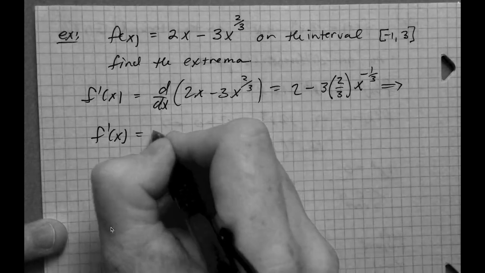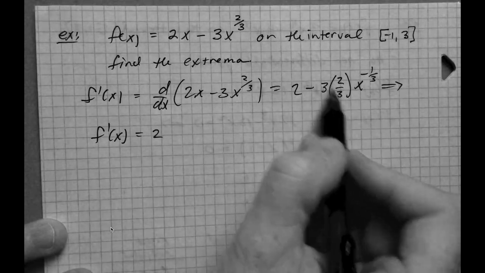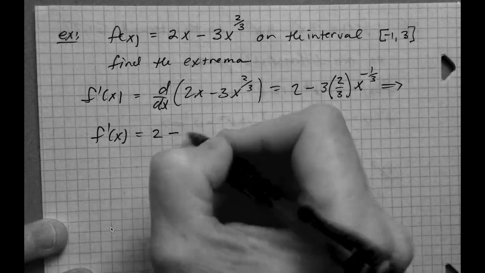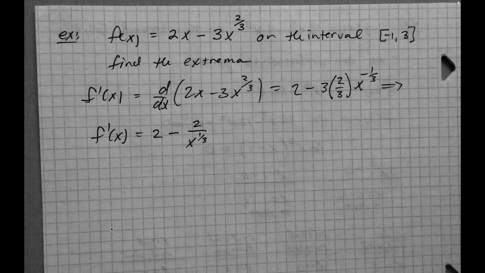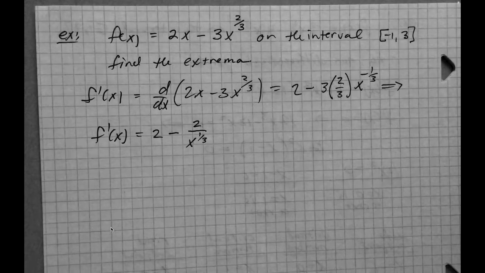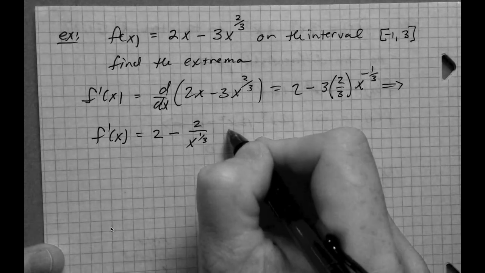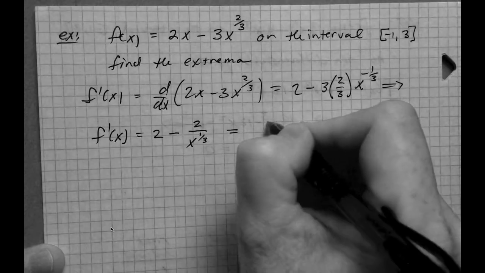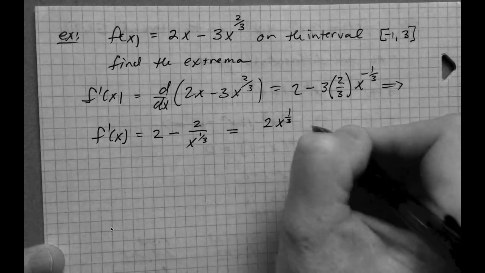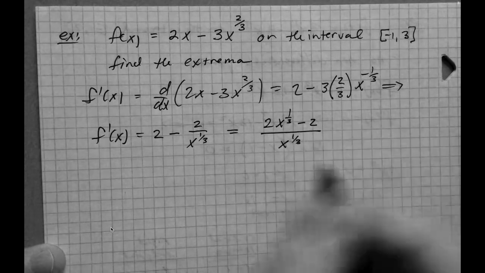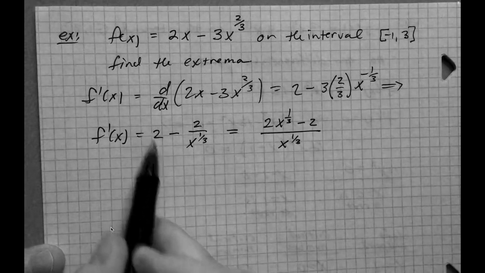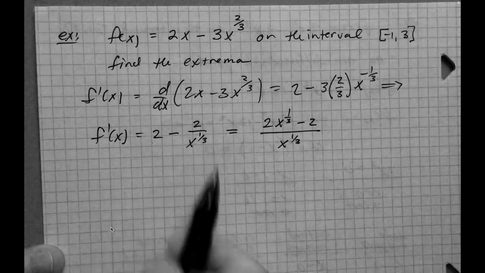Let's write it as 2, the 3's will cancel, minus 2 over x to the 1/3 power. So that's what this one looks like. I think we can write it better. Let's write it like this: 2x to the 1/3 minus 2, all divided by x to the 1/3. Now what did I do there? I just multiplied top and bottom by x to the 1/3 to get a common denominator.